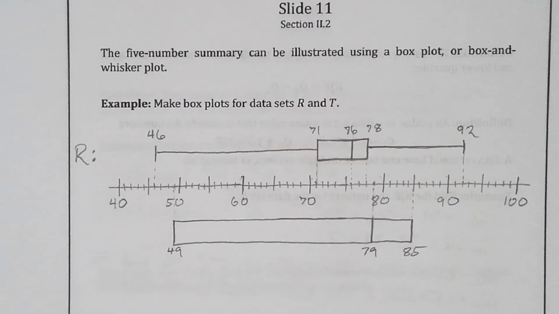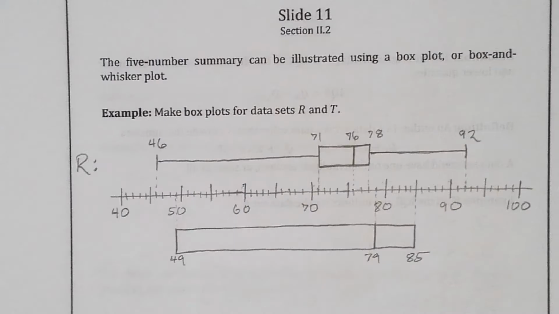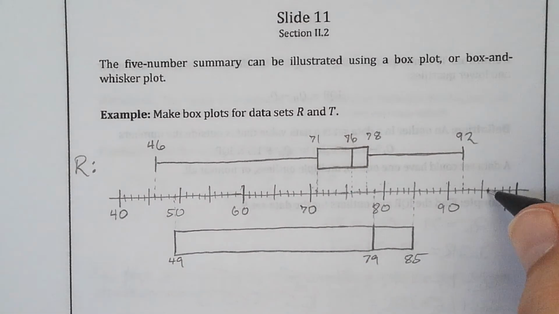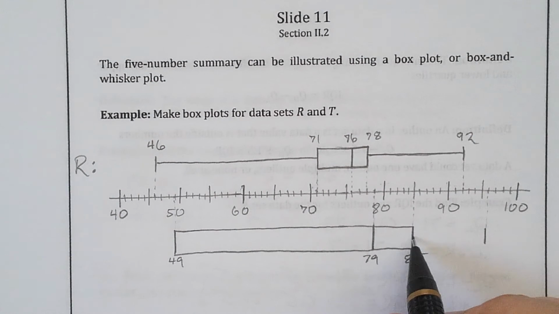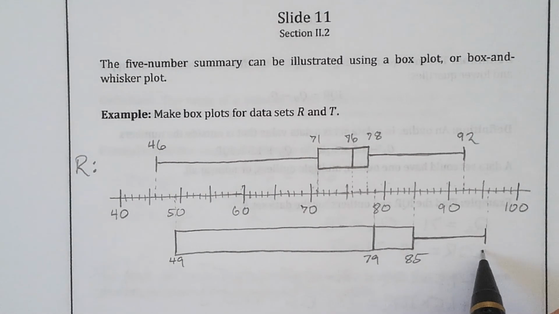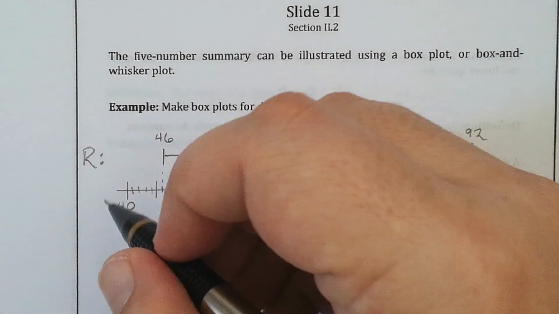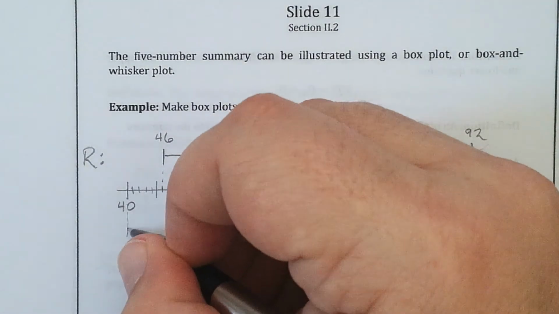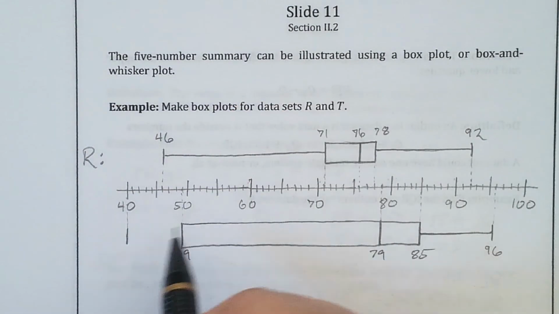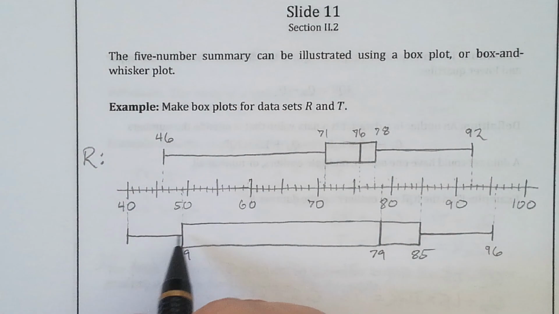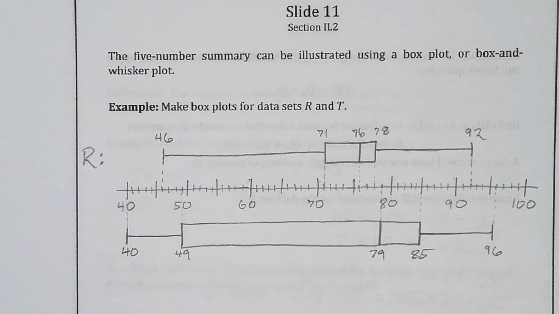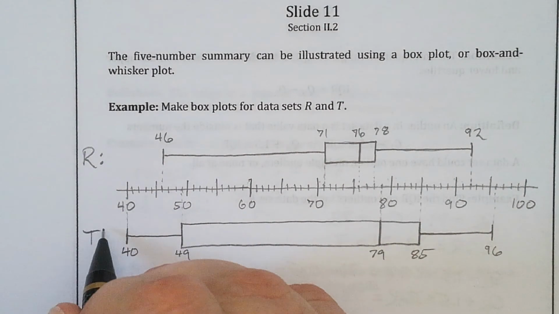Then I need whiskers extending to 96 and 40. And that's the data set T.